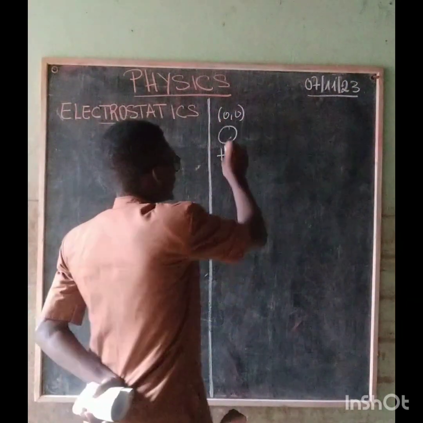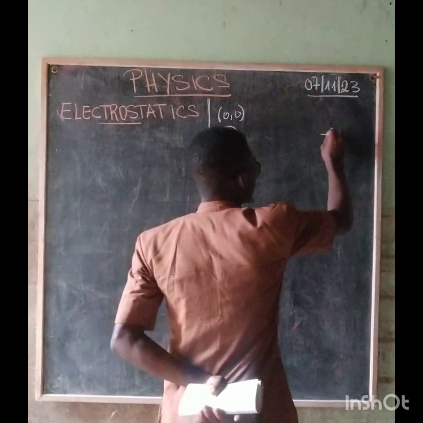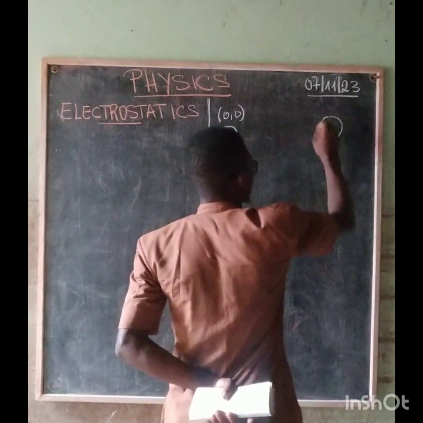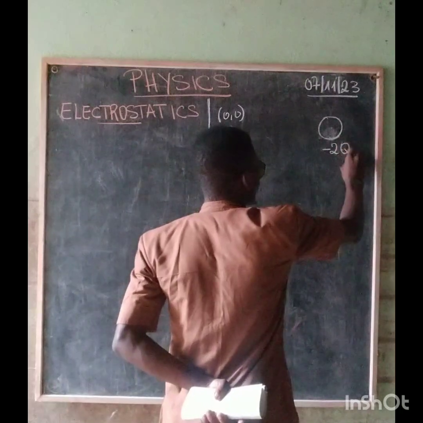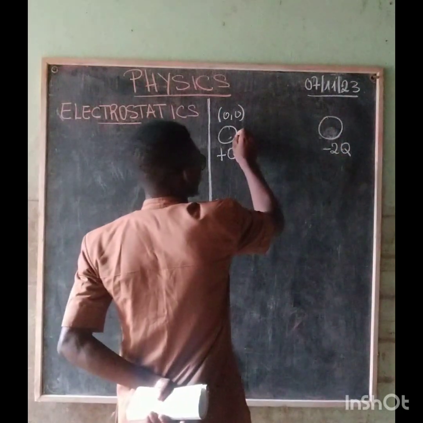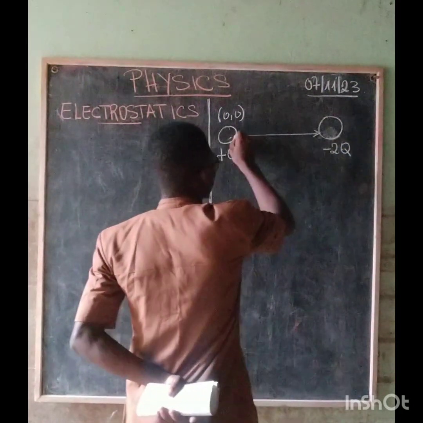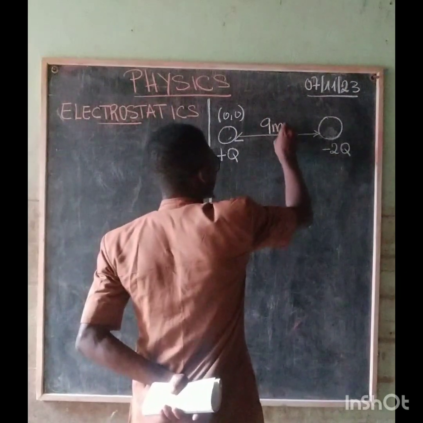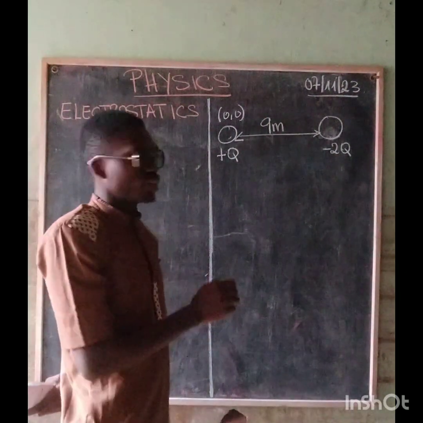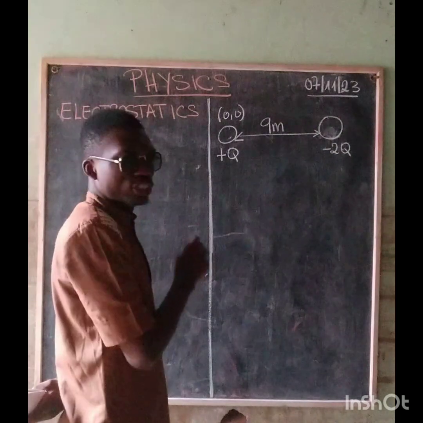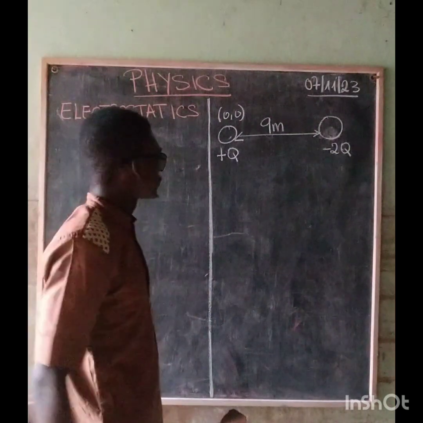Now, I have a second charge, negative 2Q, placed at a distance of 9 meters from the first charge, which was initially placed at the origin.